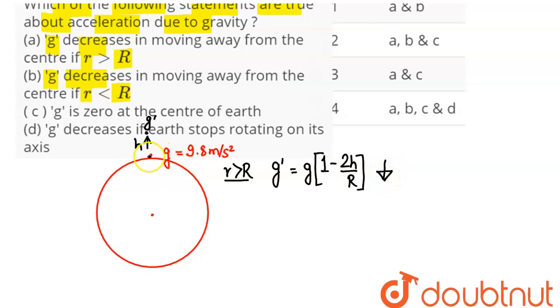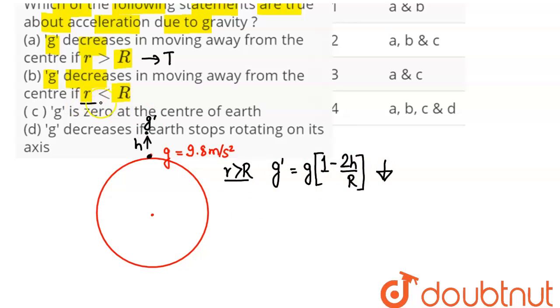Maximum value of g, that is 9.8 meter per second square, is at the surface of earth. So this first part is true, that is if we move away from the center, value of g decreases. This is an approximation formula.